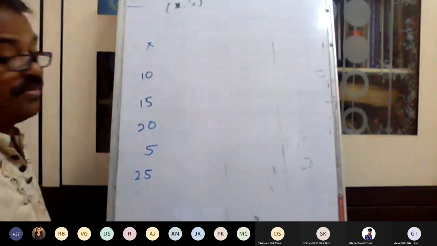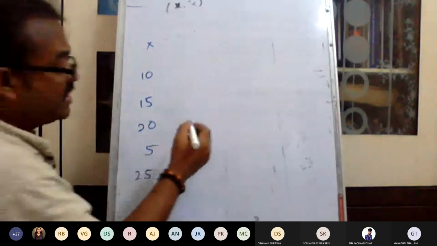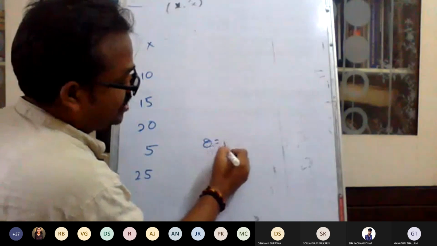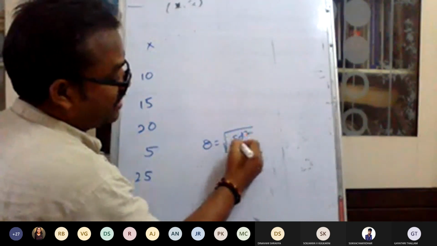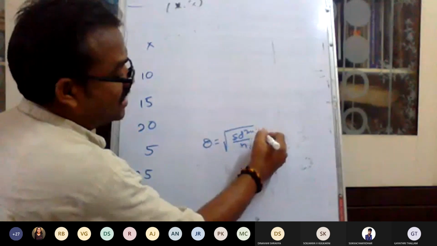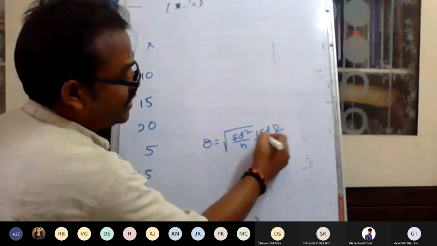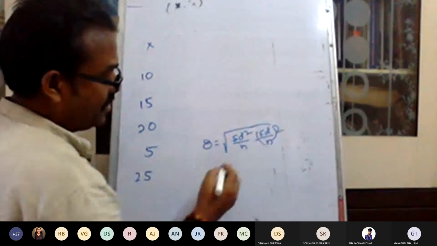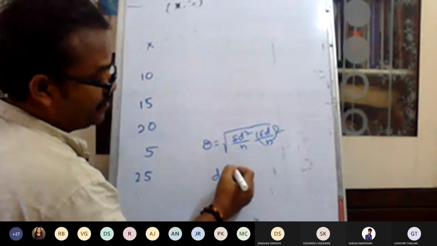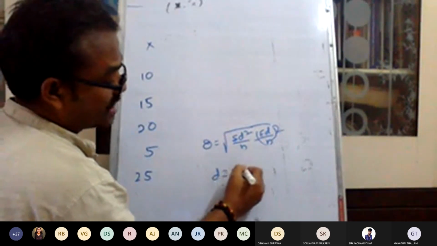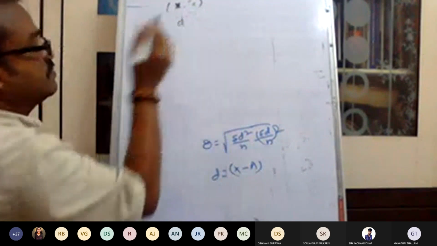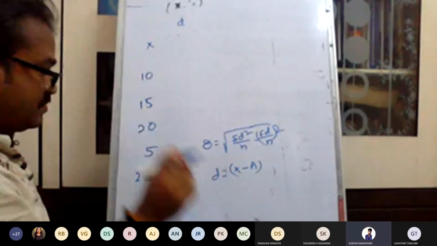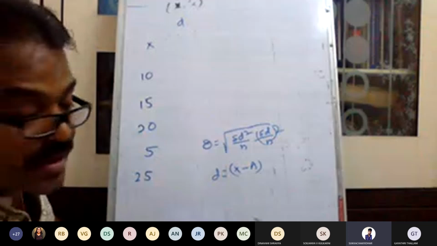Okay. From assumed mean, standard deviation is equal to root of sigma d square divided by n minus sigma d whole square divided by n, where d is equal to x minus A. Sir, A means assumed mean.